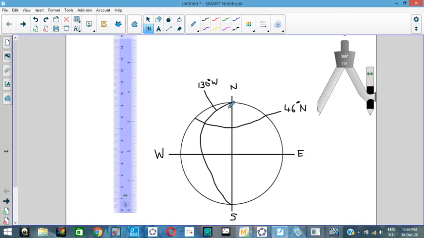Then the next one is this, which is just paperwork. If you do this, you must make sure you label. So let me label it toward this side. This is 103 degrees towards west.